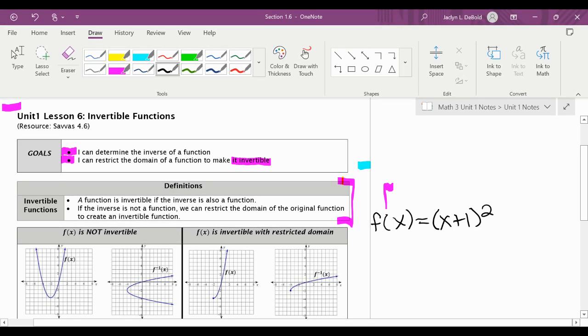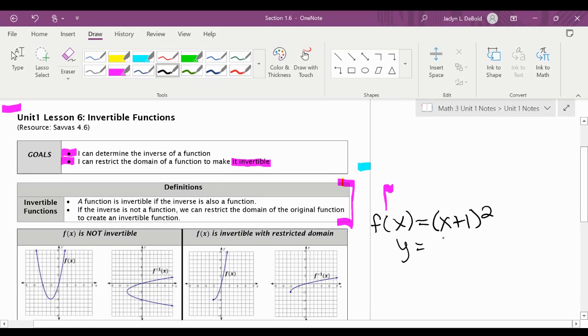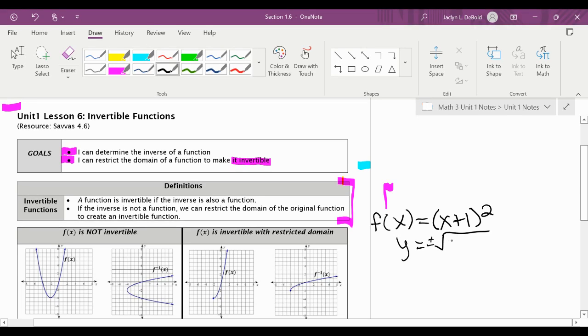And when we actually ended up doing the inverse and we went ahead and solved, we had to do a square root, and in the video we talked about how you didn't need to put the plus or minus at that time. The reason is we actually want to create functions that are what's called invertible, right? So if I make an inverse, I want it to be that the function, when it has the inverse, is still a function, so it passes the vertical line test.